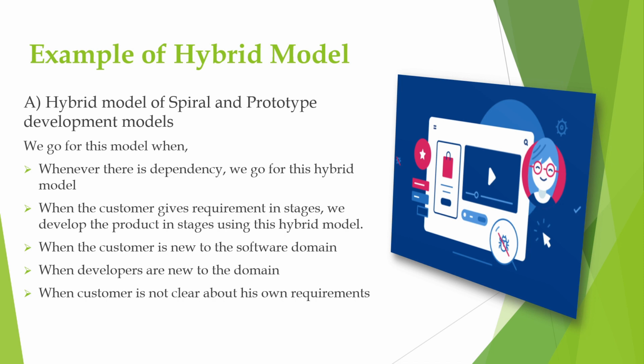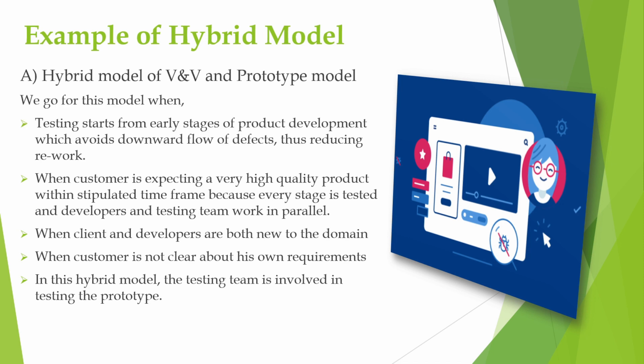Now let us see another example, that is the hybrid model of V&V and prototype model. We go with this model when we want to test the product development from the beginning itself, so that we can avoid the flow of defects and also reduce rework.